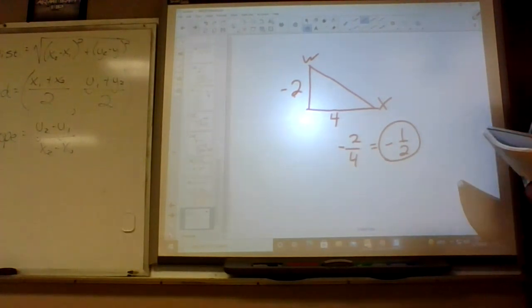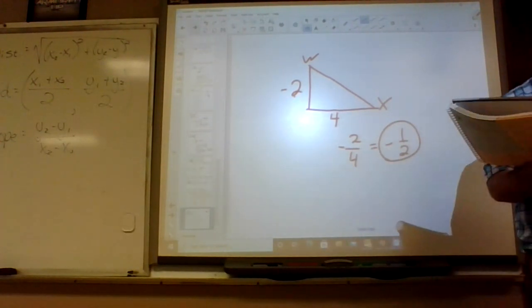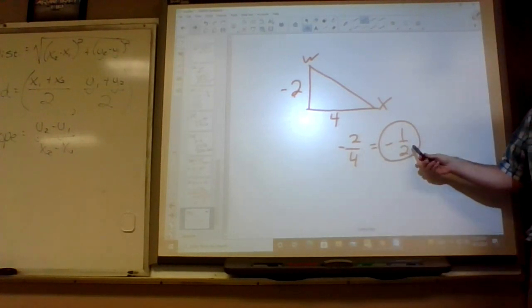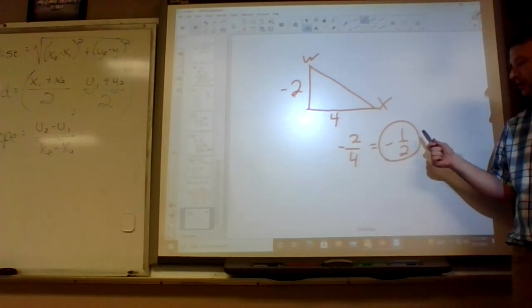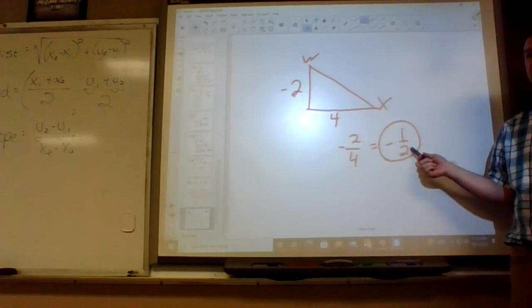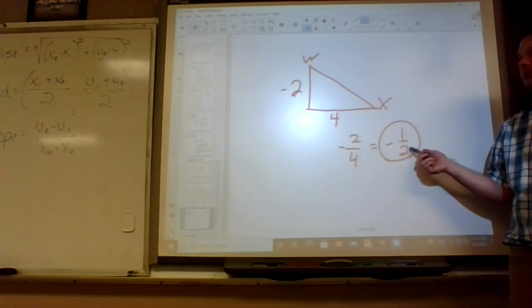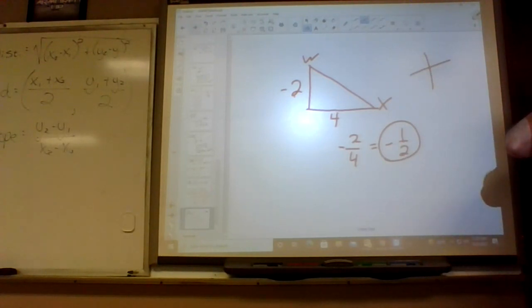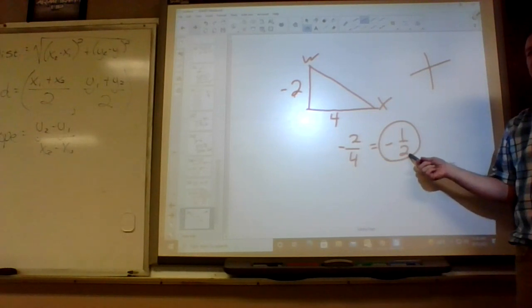Can you help us on 32? Okay. If this slope is negative 1/2, what would a perpendicular slope be? Perpendicular means it makes 90-degree angles, but you can't tell by just looking, because they both look like they're 90 degrees, but they're not. We learned this yesterday.